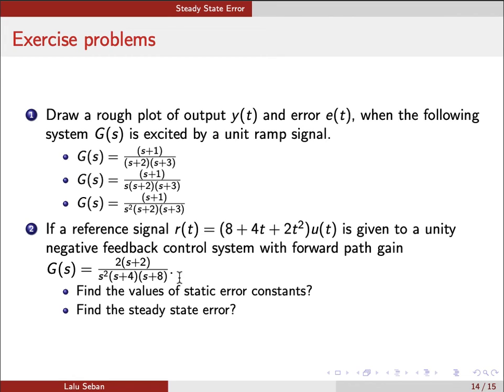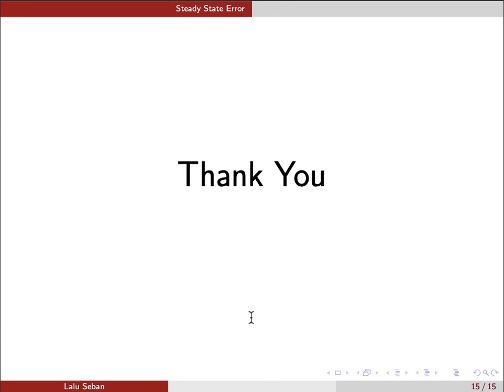By just looking at the forward path transfer function, you can see the type number is 2. The question is to find the values of static error constants, that is, the values of Kp, Kv and Ka. Also find the steady state error. Fine. Thank you. Wait for the next lecture.